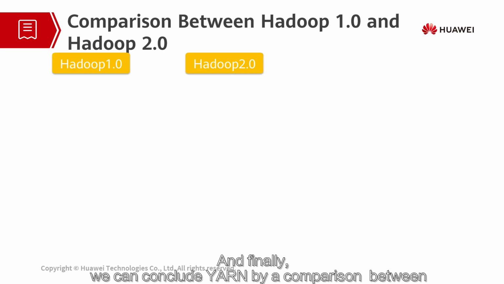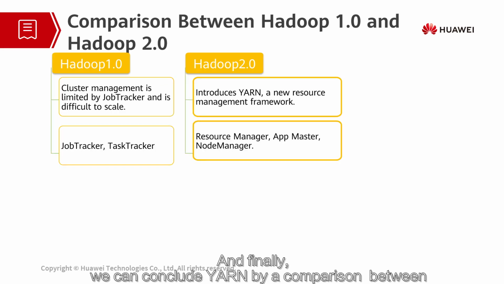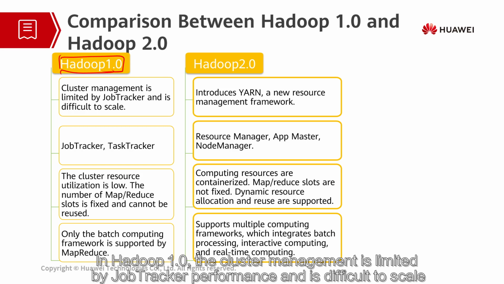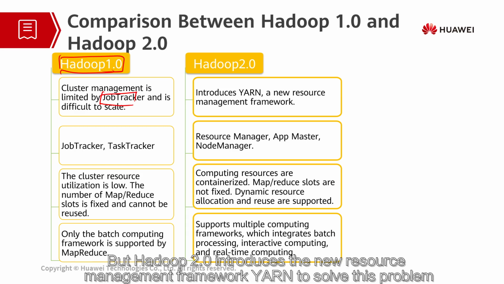And finally, we can conclude YARN by comparison between Hadoop 1.0 and Hadoop 2.0, as we mentioned before. In Hadoop 1.0, the cluster management is limited by JobTracker performance and is difficult to scale. But Hadoop 2.0 introduces the new resource management framework YARN to solve this problem.